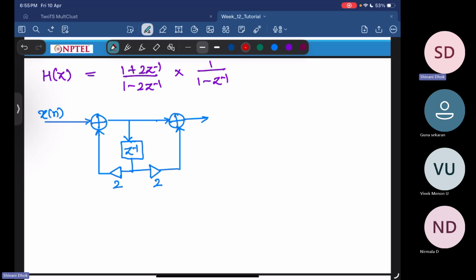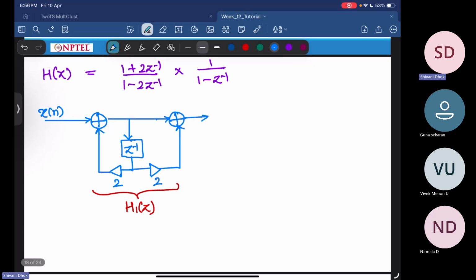So this is your H1 of Z. And the output of this system is the input to the next system. So for the next system, you will start with this 1. Then you have a Z inverse.